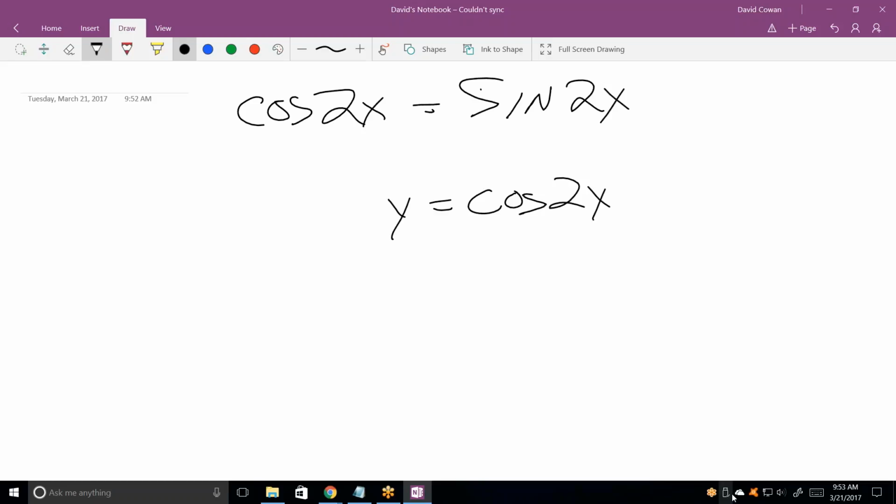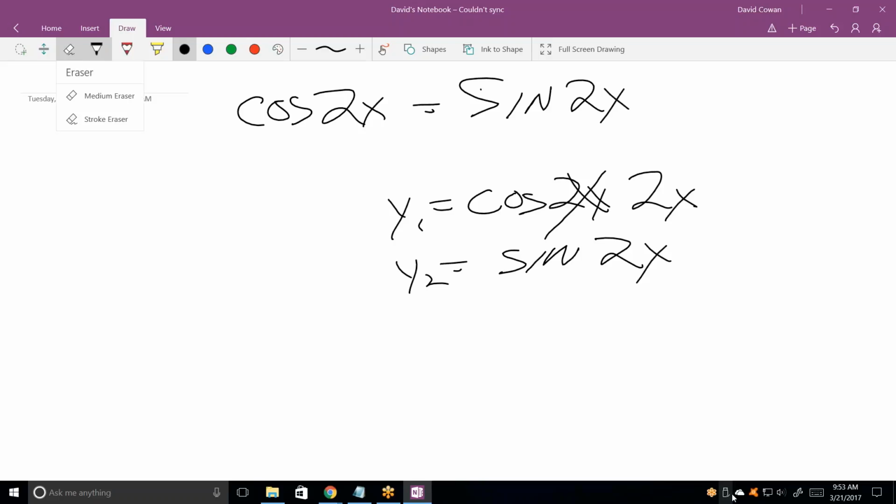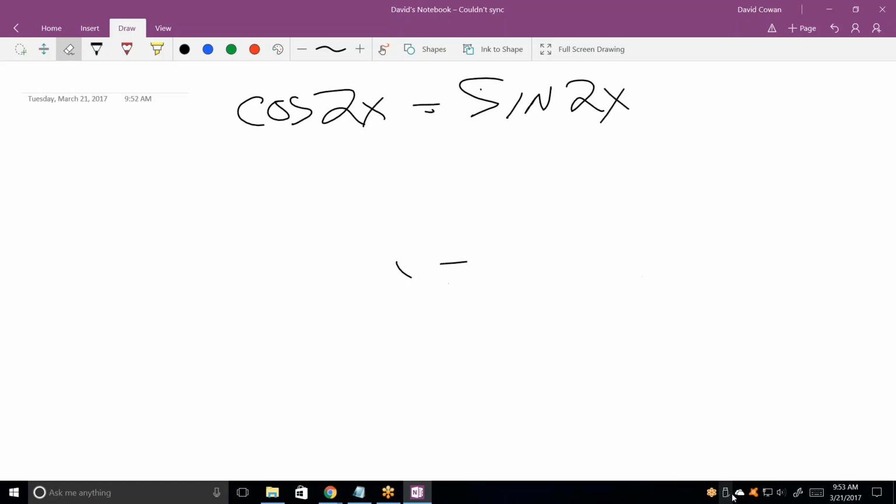You could make it 2x and set y sub 2 equal to sine of 2x, and wherever they intersect, that's your solution. That's with a calculator. I don't think I want you to solve this with a calculator.